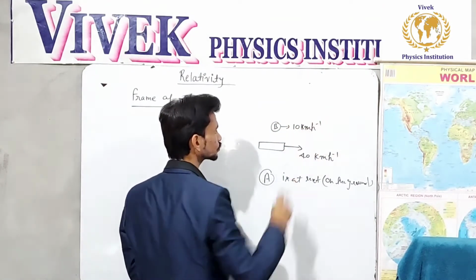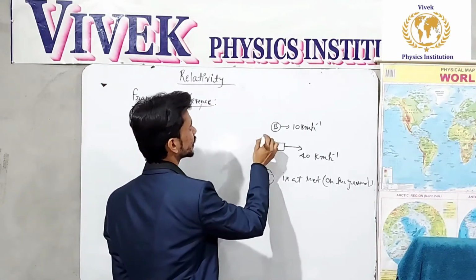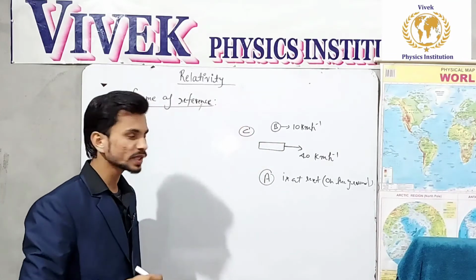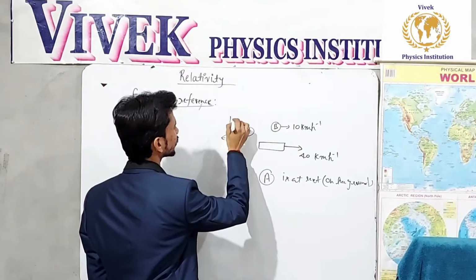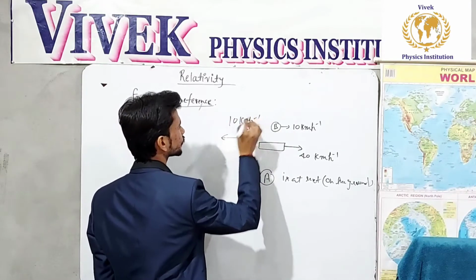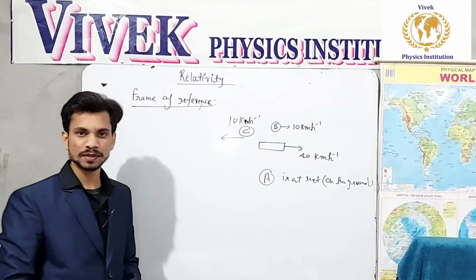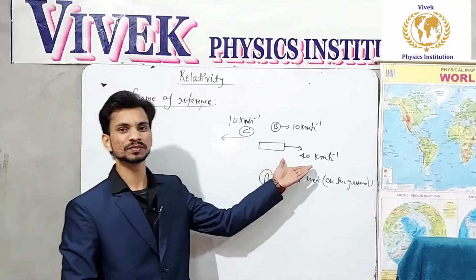And another person, C, is moving in the opposite direction of the moving train with the same speed, 10 km/h. Now these are the three observers who are observing the speed of this train.